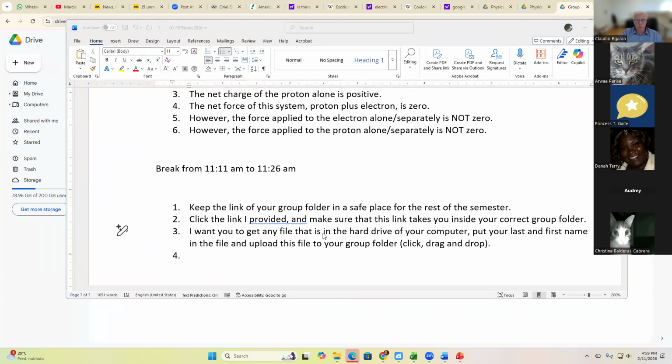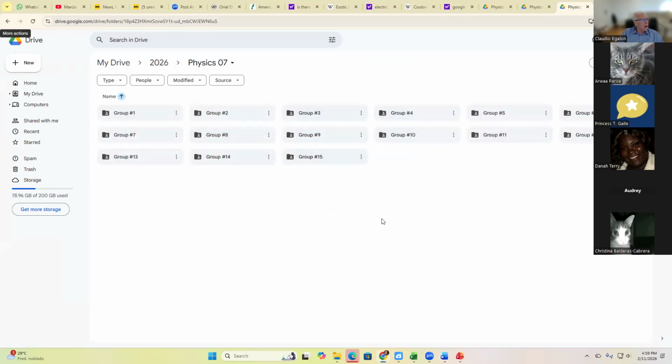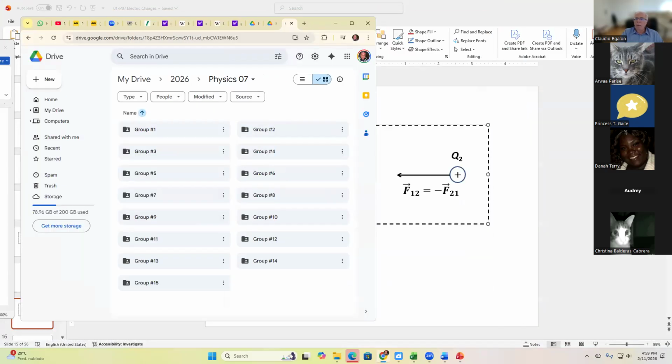Let's make sure it works. I should see two documents inside your folder, right? Click, drag and drop. Let me do that myself so you understand what I mean.